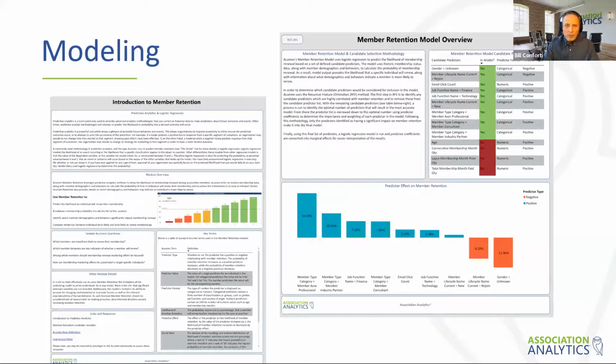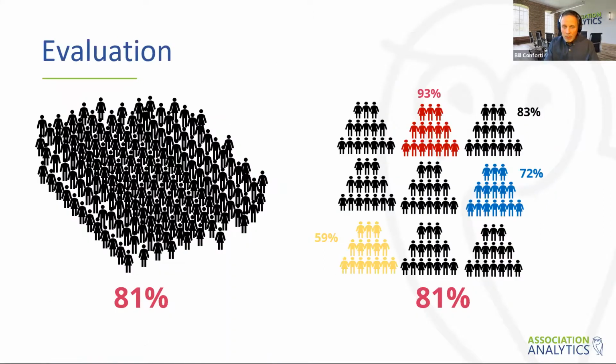Okay, so let's talk about evaluation, right? So we talked about how you have these pre-built charts, pre-built filters that are allowing you to evaluate the results that you get. And the main thing here is that we might know that we have 19% churn, otherwise known as 81% retention, but that's just a number, right?